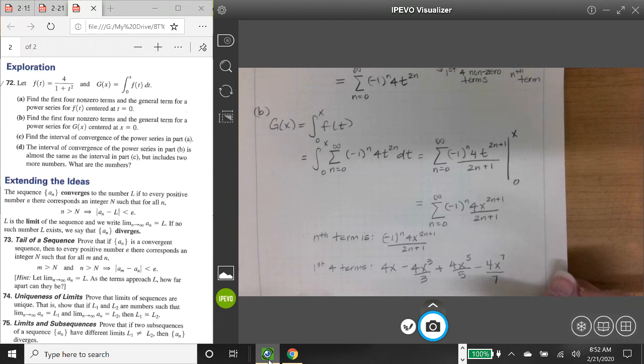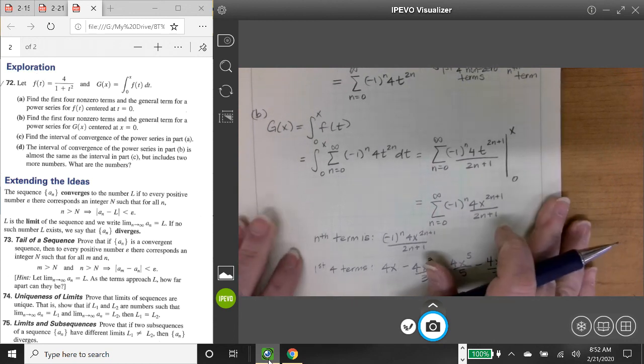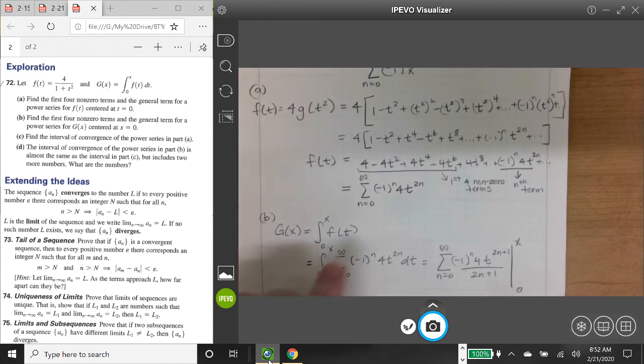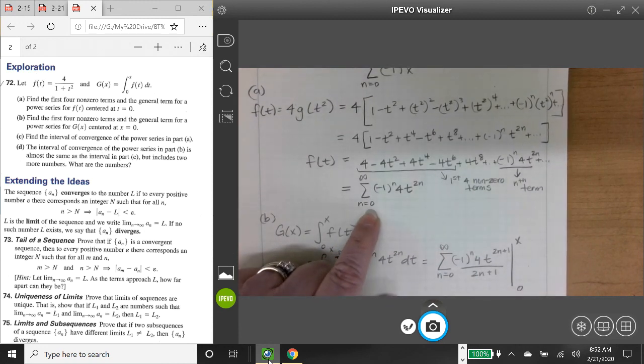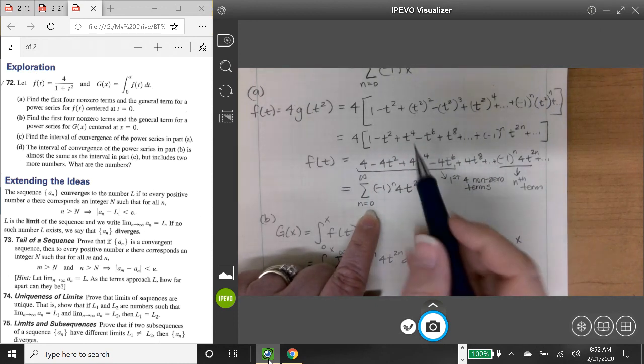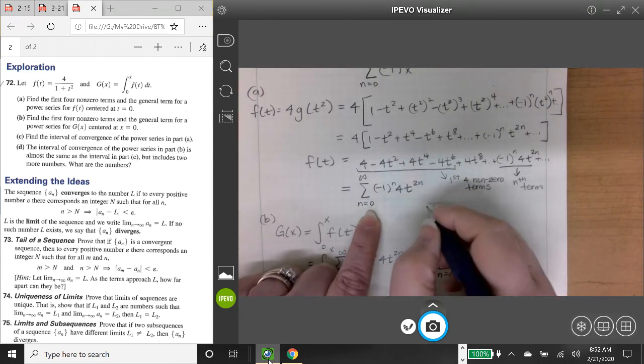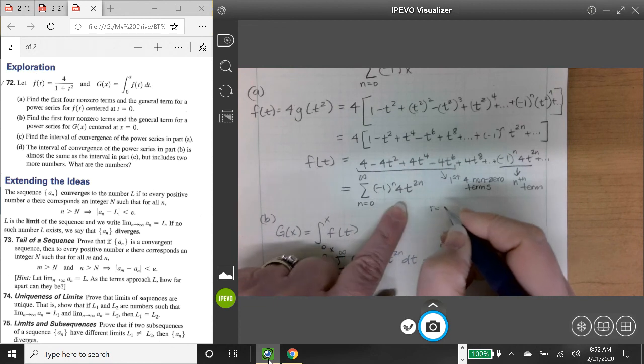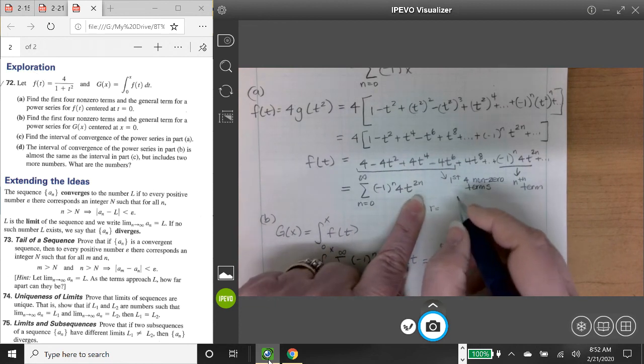All right, and then it says find the interval of convergence. Okay, so for part C, we have to find the interval of convergence for part A. So I'm going to go back up here, and okay, what am I multiplying by every single time? My r here is not 4t squared.